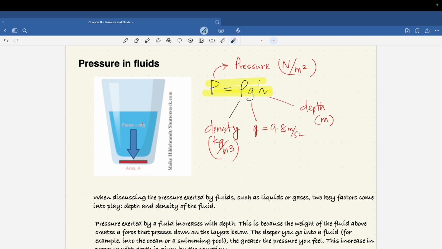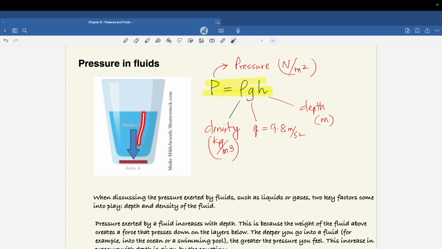So in this container, you have liquid up to this height. You can see if you had more liquid to a greater height, then there would be a bigger pressure. So now the pressure exerted by a fluid is rho times g times h. Rho is the density, must be in kilogram per meter cube, and h is either the height or the depth.